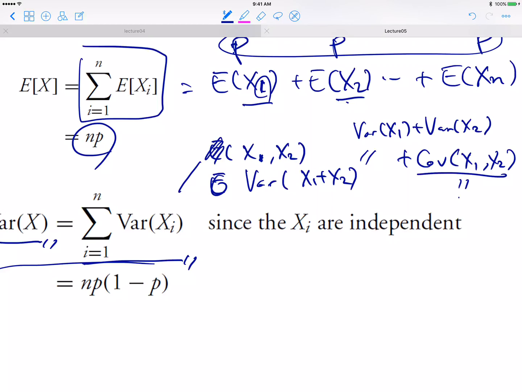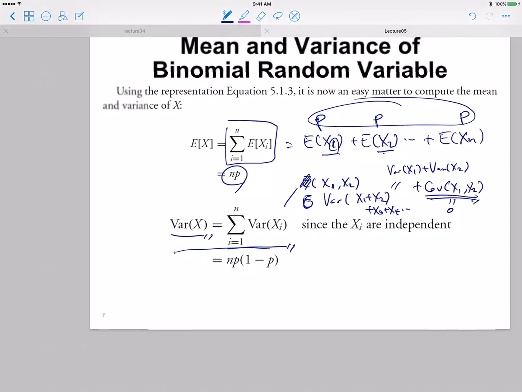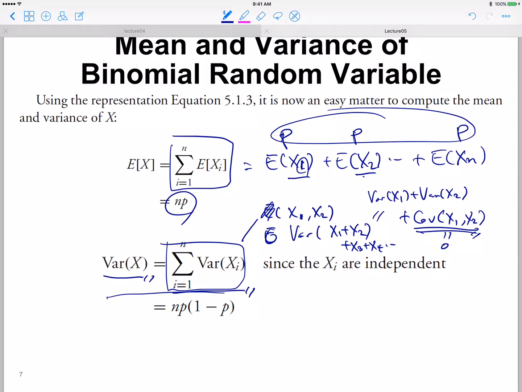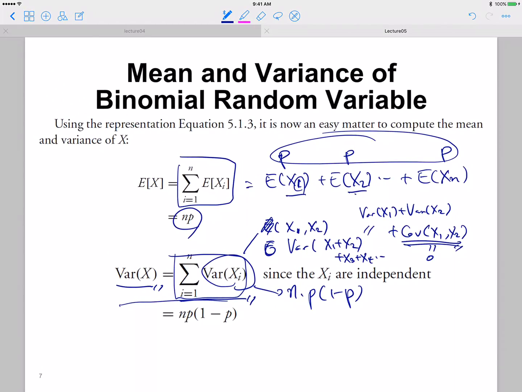And then this part should be 0. And why is it so? They are independent trials, right? Each trial of coin flipping doesn't affect the others, so this part is 0. Expanding with multiple entries, it will be just the sum of the variances of each individual random variable. This guy was p times 1 minus p, and it's just multiplied by n.